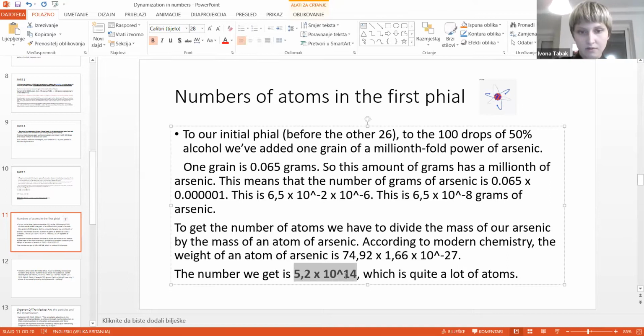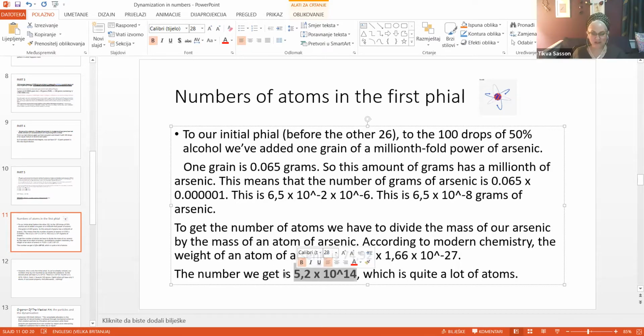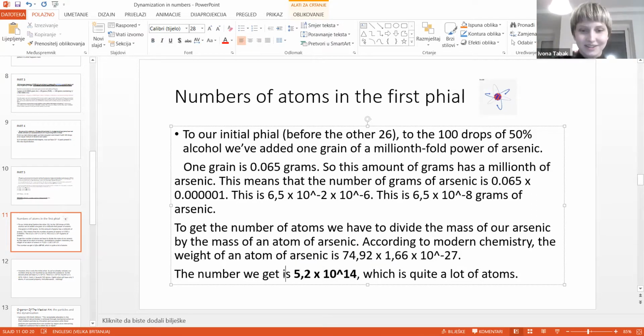So 5.2 millions, zillions, billions, millions of billions. I don't know, maybe Tikva knows how to pronounce it. 5.2 times 10 to the 14th. I guess that's an easy way to say it. Yeah, I cannot even imagine that number.